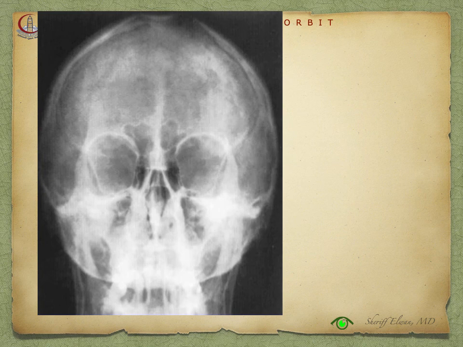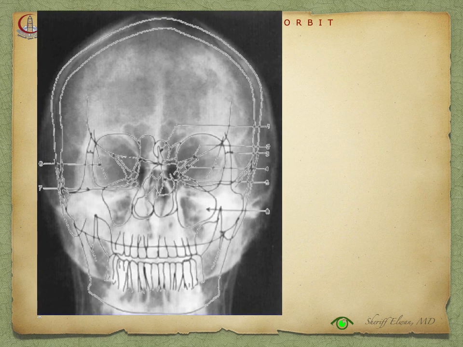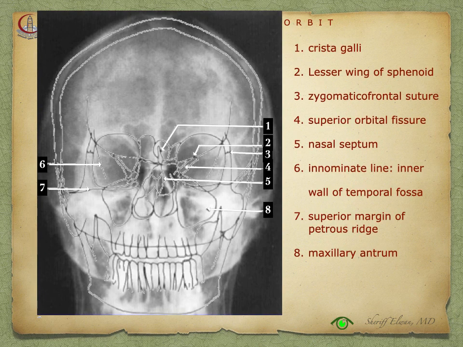This view has particular markings which are numbered here. As you can see, number 1 is the crista galli. Number 2 is the lesser wing of sphenoid. Number 3 is the zygomatico-frontal suture on the lateral orbital rim.